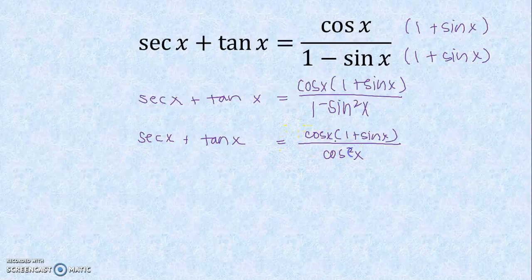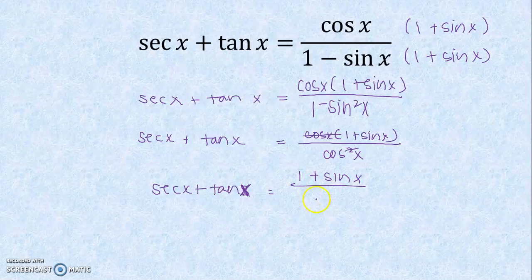Oh, now that I have cosine over cosine, that cosine will cancel one of these out. So I still have my secant x plus tangent x. And now in my numerator I have 1 plus sine x. My denominator is just cosine x. Now that that plus sign's up in my numerator, I can split my numerator.